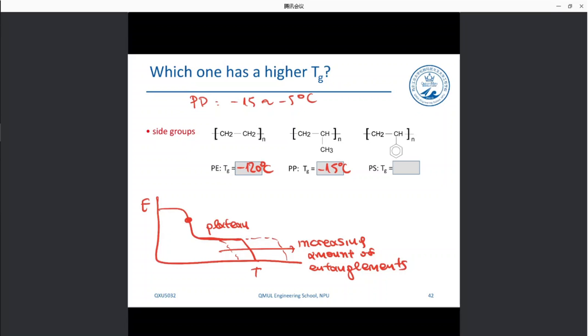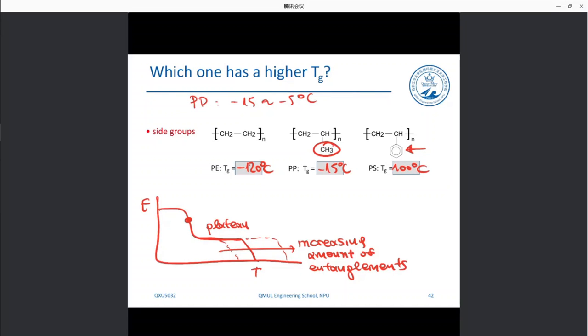And polystyrene, you can see how much difference a very large side group makes, okay, because you can see that the main chain remains the same. Just one small flexible side group here makes the chain increase the glass transition, but one large group makes the glass transition in the order of 100 Celsius degrees.